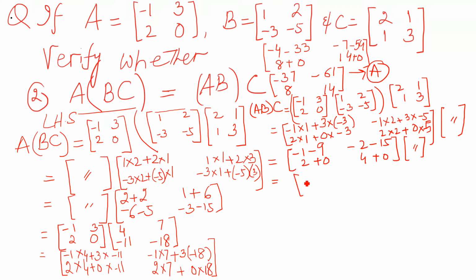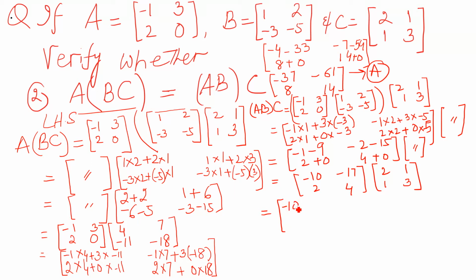So make it minus 10, 2, minus 17 and 4. Be careful about signs. Now we will write down C, and this is the answer of AB. Now C is 2, 1, 1 and 3. So same steps we will do.